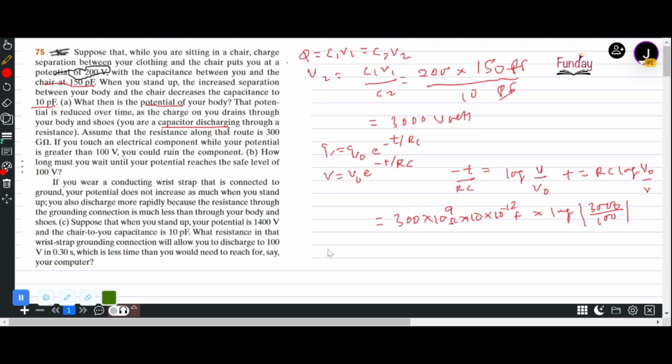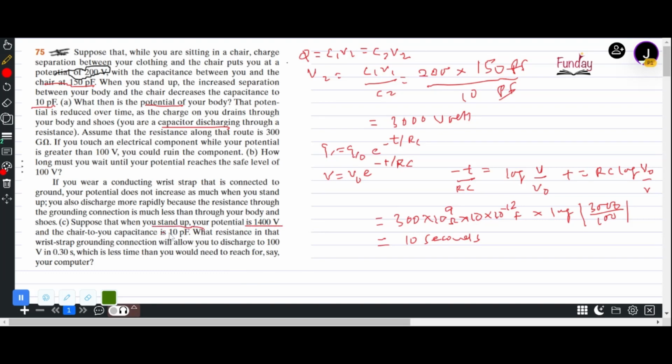Now if we do the numbers here, we arrive at 10 seconds. You can use a calculator or do these calculations from the log table. Log of 3000 over 100 is approximately 3.41 or something.